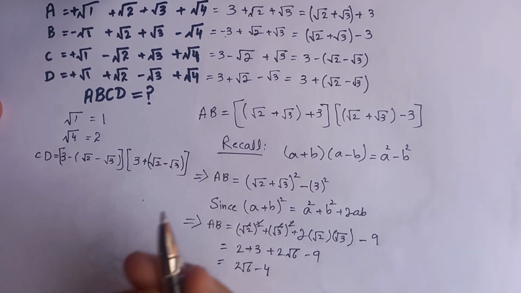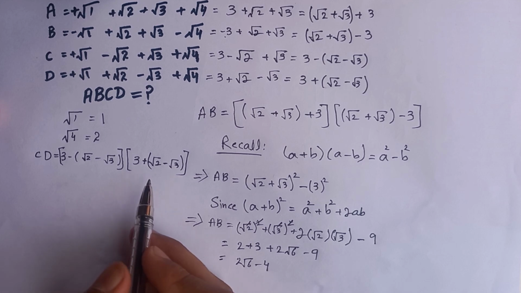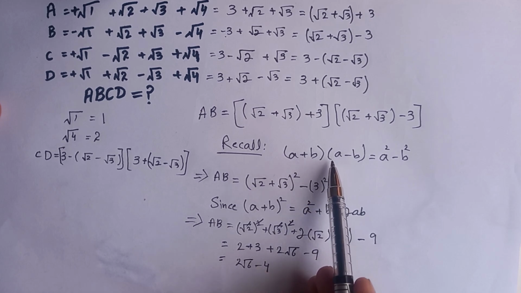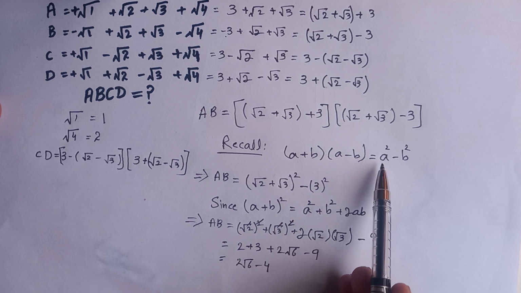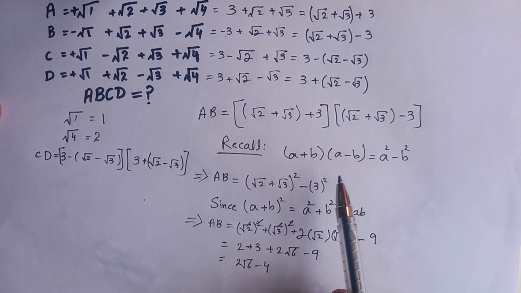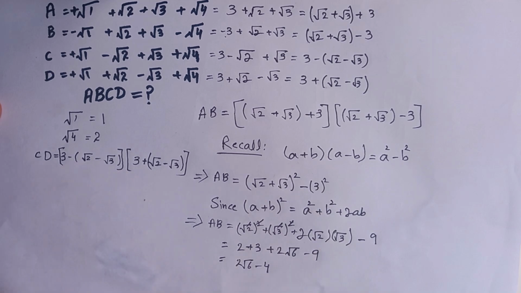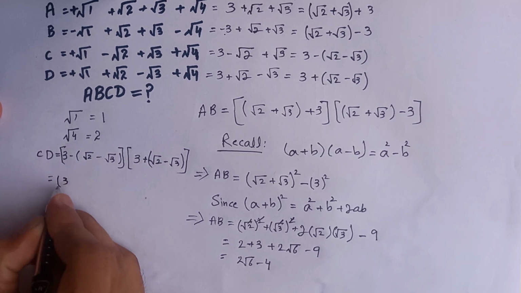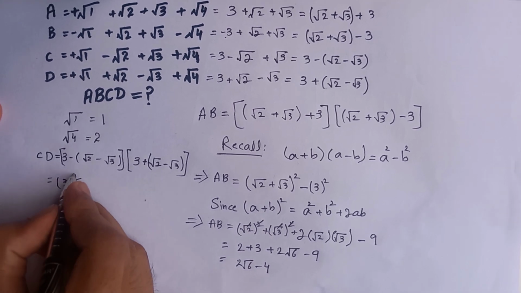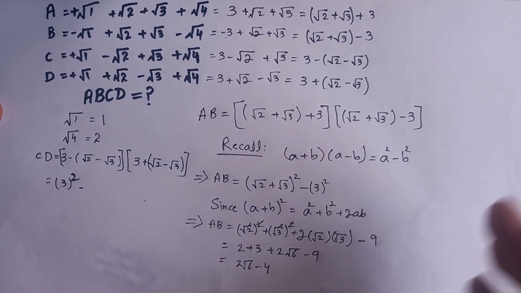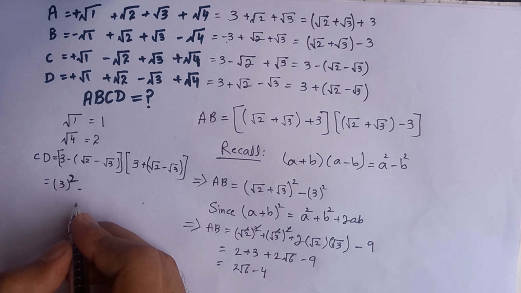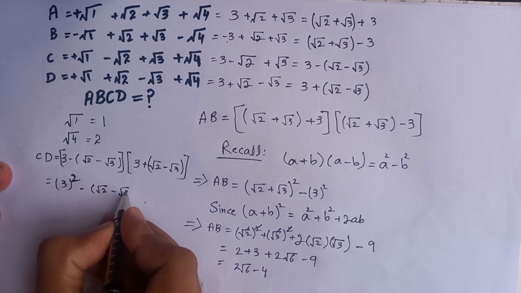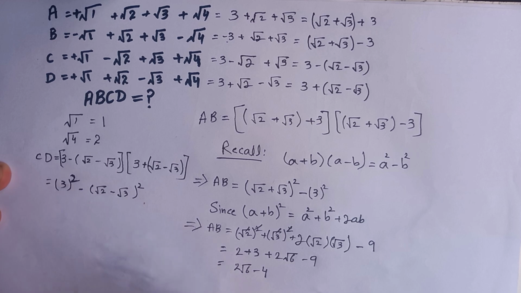Now again using the formula a plus b times a minus b is equal to a square minus b square, the difference of two squares formula. So this will become 3 square minus square root 2 minus square root 3 whole square.